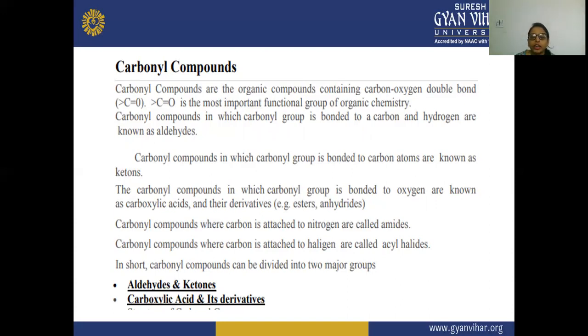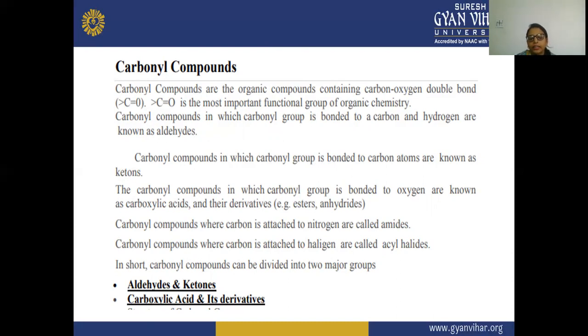If the carbonyl group is bonded on one side to an alkyl group and the other to hydrogen, then it is an aldehyde. If both sides are alkyl groups, then it is a ketone. If one side is oxygen and the other side is alkyl, then it is a carboxylic acid and its derivatives, which include esters and anhydrides.